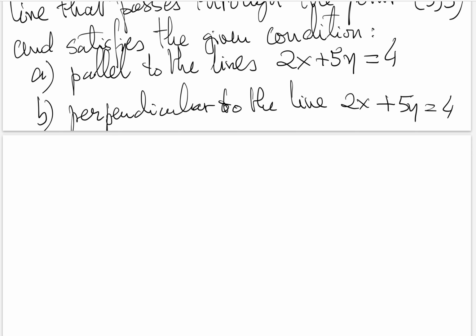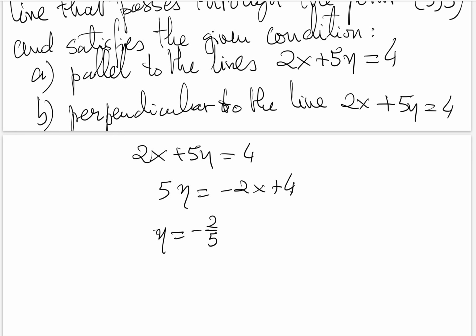So now we can write down the standard form for both of them. For the first one, you have 2x plus 5y is equal to 4. So then 5y is equal to negative 2x plus 4. Then y is equal to negative 2 over 5 x plus 4 divided by 5.